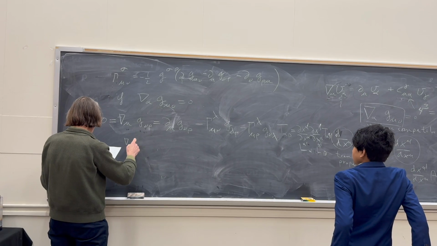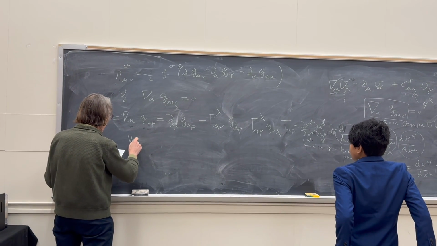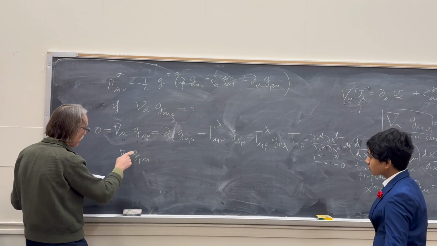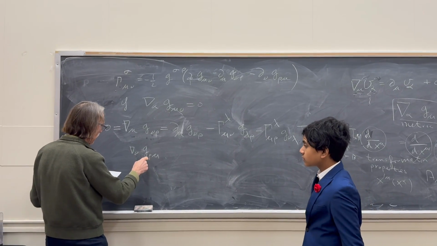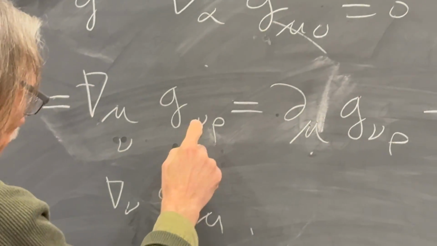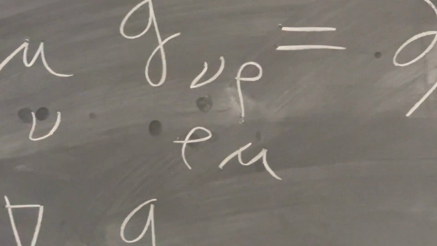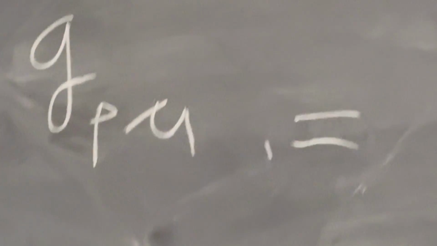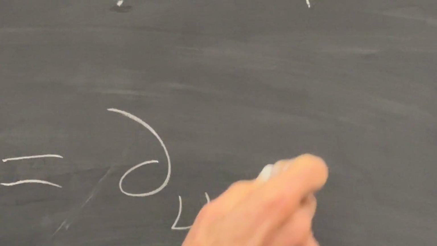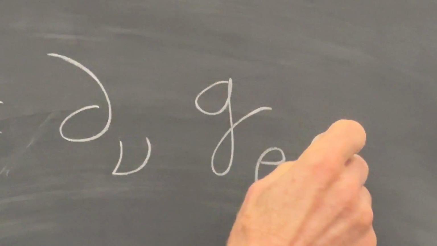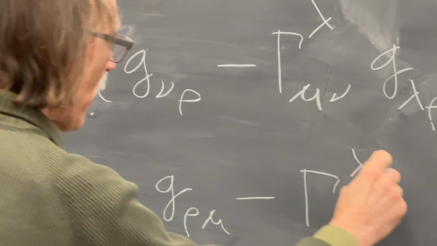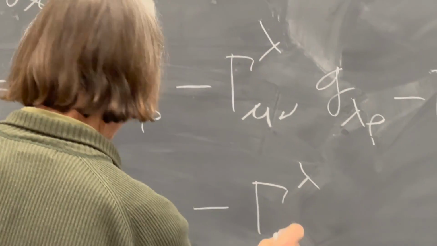So you change: the mu becomes a nu, the nu becomes a rho, and the rho becomes a mu. And you do that everywhere here. So the mu becomes a nu, and the rho becomes a mu, minus gamma lambda.